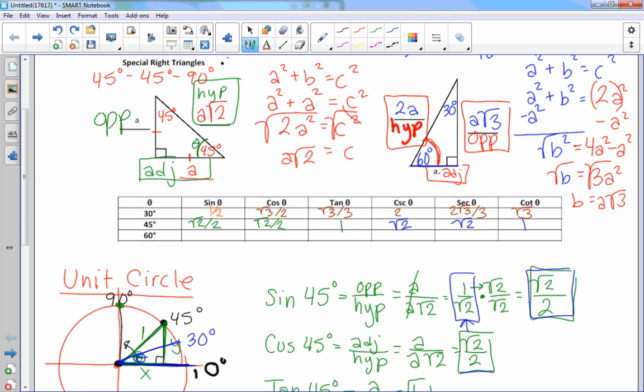Make sure you rationalize the denominator, pushing the square root up to the top, using that fancy form of 1.